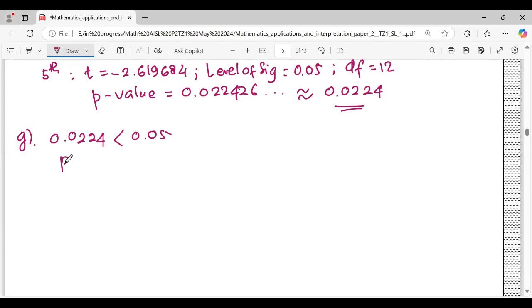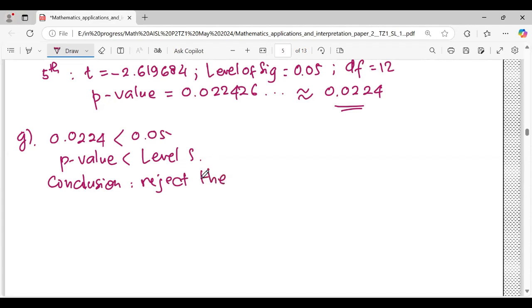So, the p-value is less than the level of significance. So the conclusion, we can state that we reject the null hypothesis.